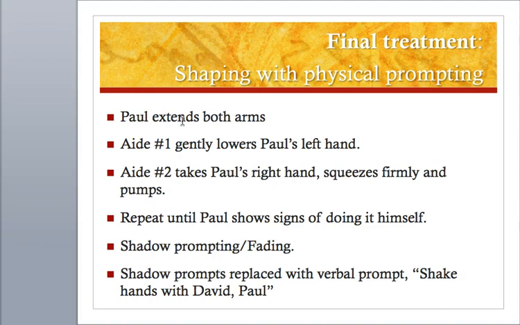And so they were using shadow prompting and fading and shaping to get him to shake hands. And then they replaced the physical prompts with verbal prompts, like "Shake hands with David, Paul," and then he would shake hands. So a good example of the combination of physical prompting and shaping together to create a more acceptable version of a greeting for this individual.